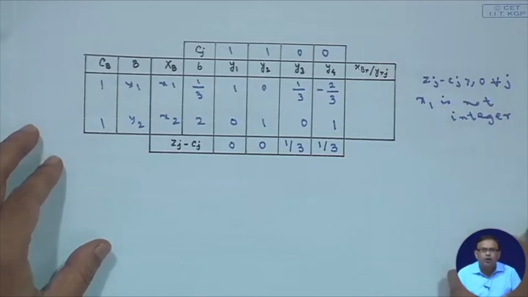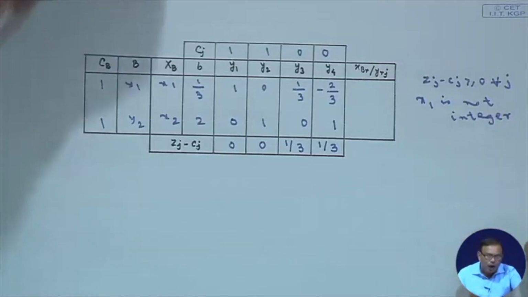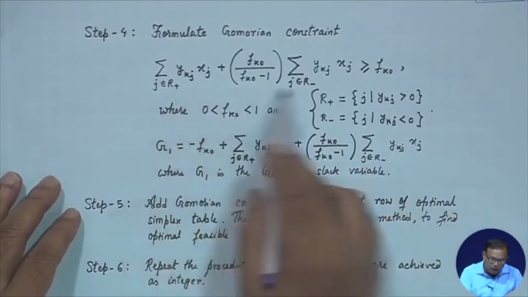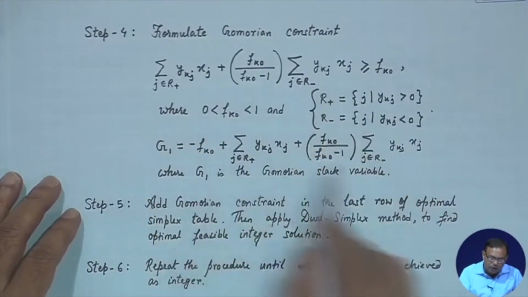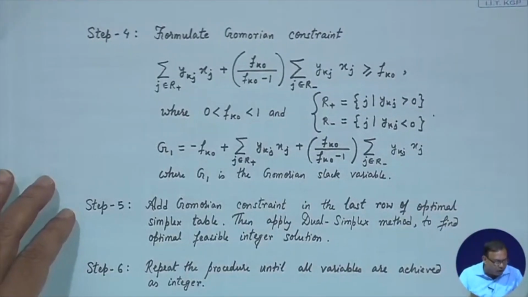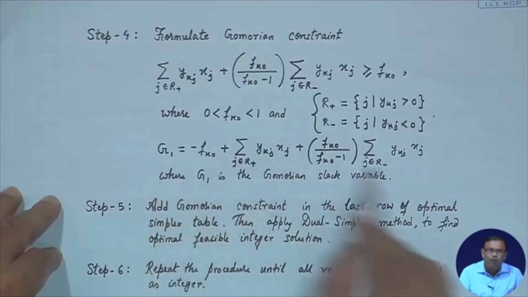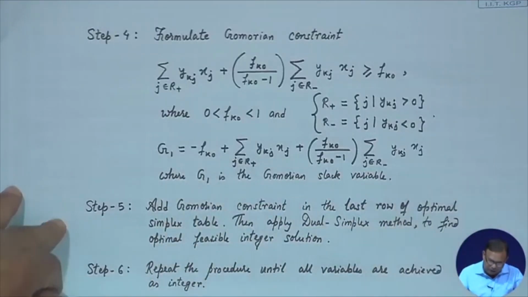Since x1 is not an integer, I now have to formulate the Gomorian constraint from this. If you write it down, I have to formulate this G1 equals this thing.